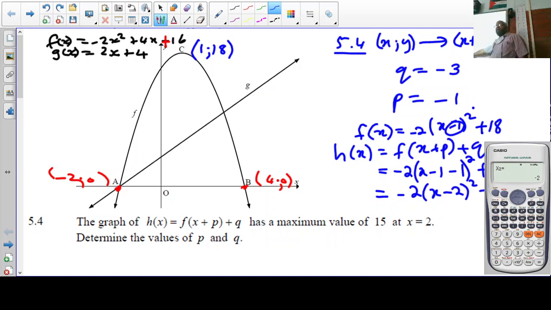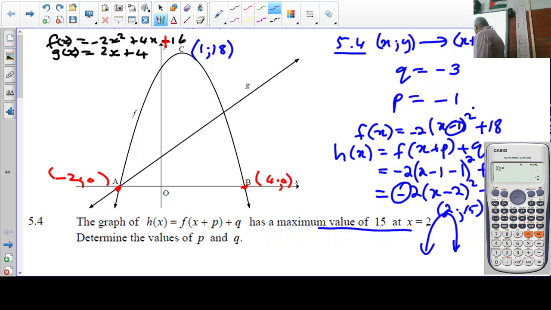Now without looking here, will this graph have a maximum or minimum value? Maximum. It will have a maximum value of 15, and it occurs at an x value of 2. And this is where this fits in. Make sense?